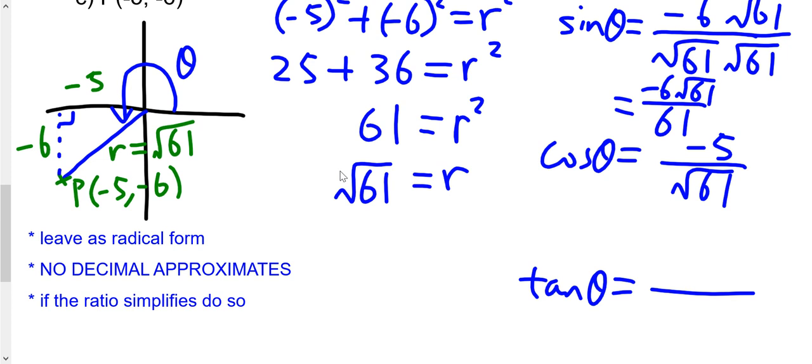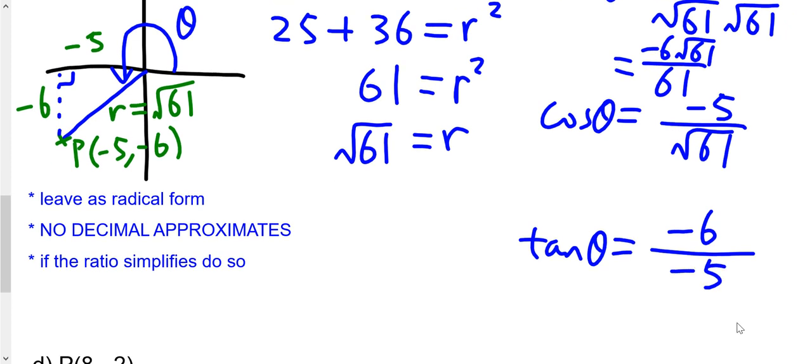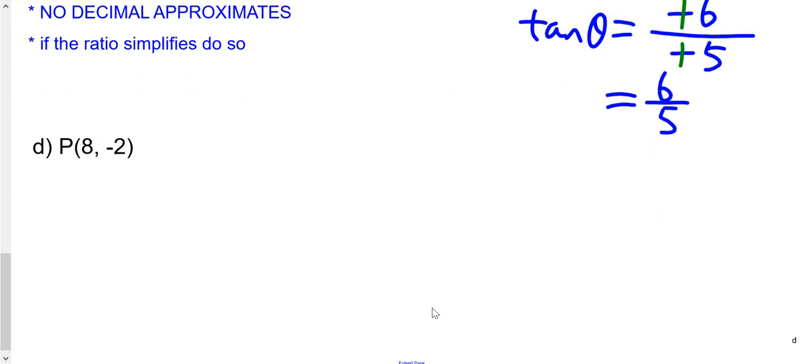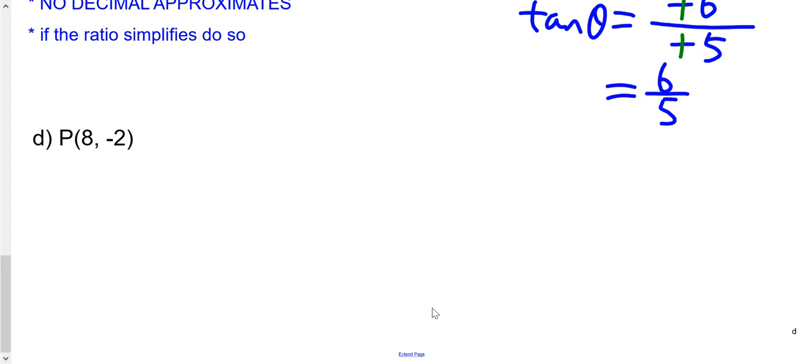Last one, tan, opposite over adjacent. The negative signs cancel out, so that gives you 6 over 5. I'm not going to do D. You can check out the answer that I posted as a PDF file.